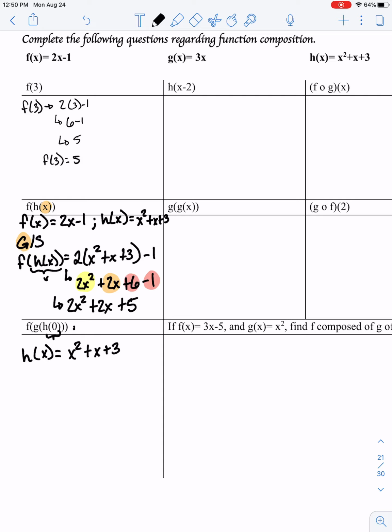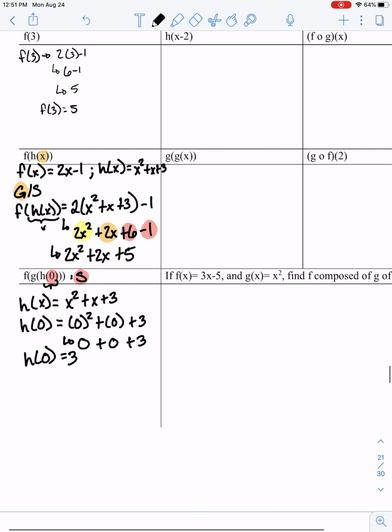And again, this is going to be a specific point because of that 0. So for h of 0, everywhere I see an x, I just plug in a 0. 0 squared is 0. 0 plus 0 plus 3. So h of 0 is just 3.